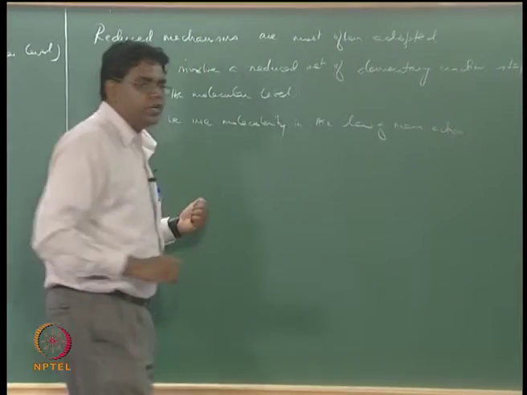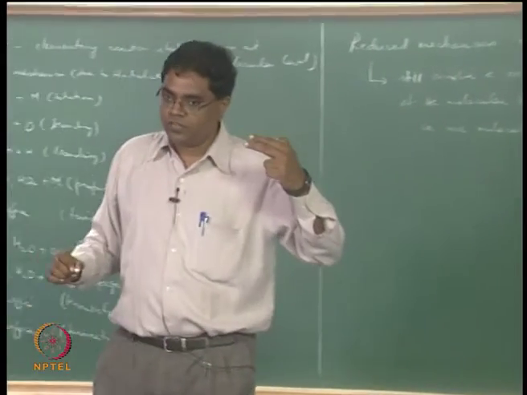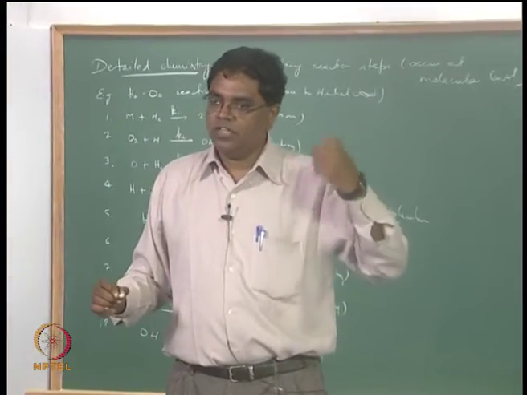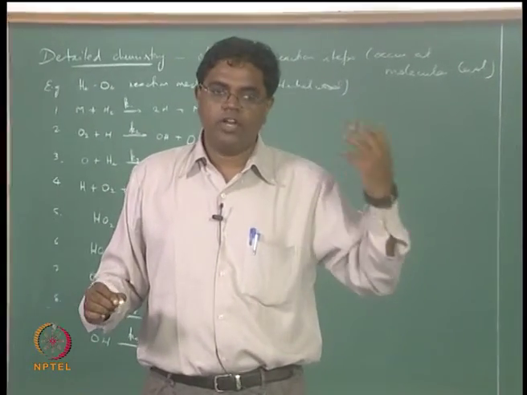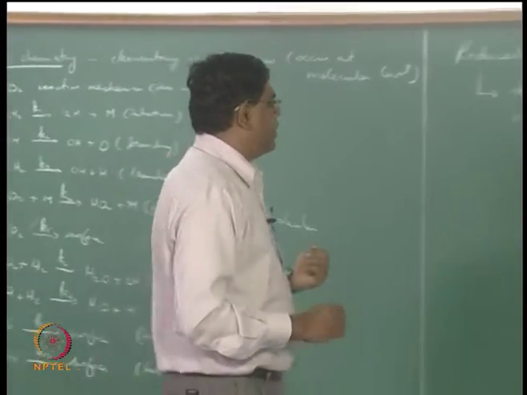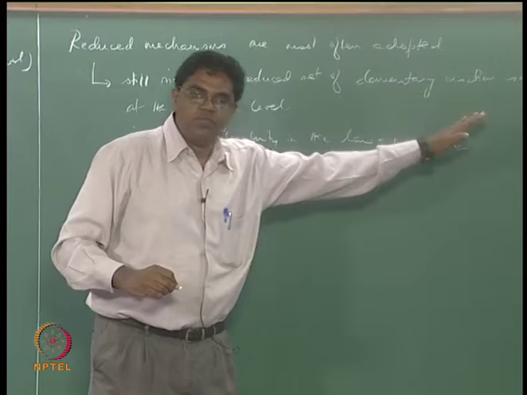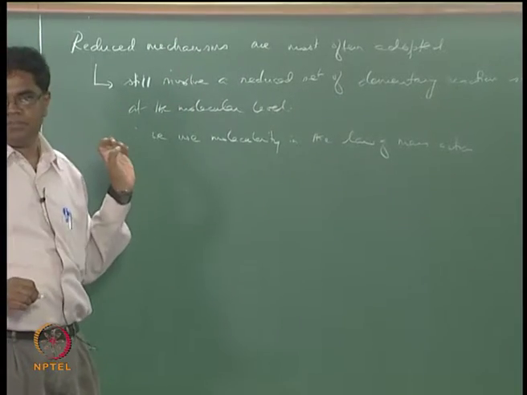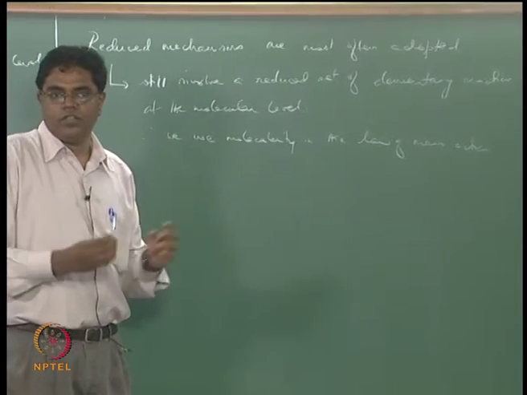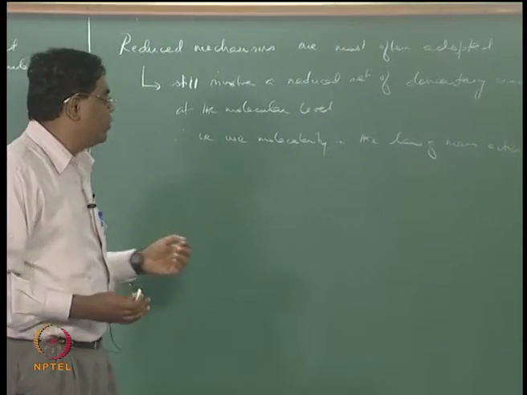that is, we do not use orders for the reactants in the law of mass action, we can go ahead and use molecularity for writing out the reaction rates for each of those elementary reaction steps in a reduced set, so that there is no ambiguity about what we need to do.